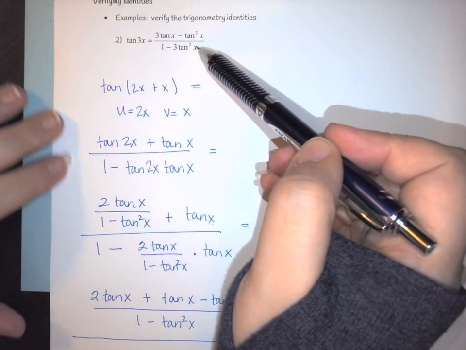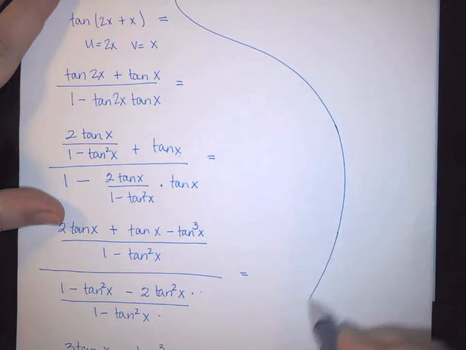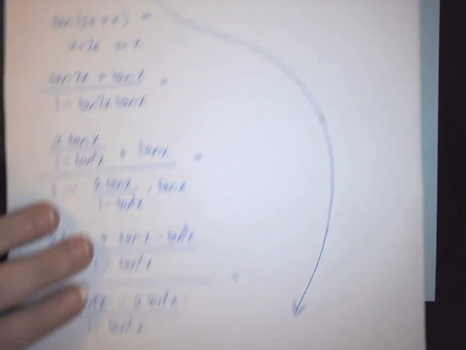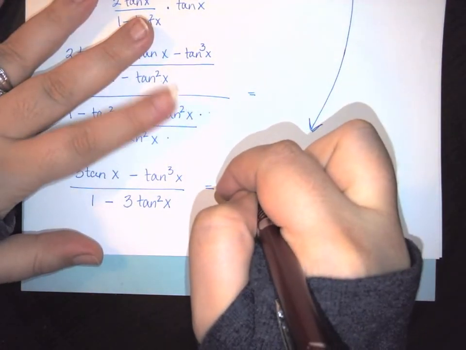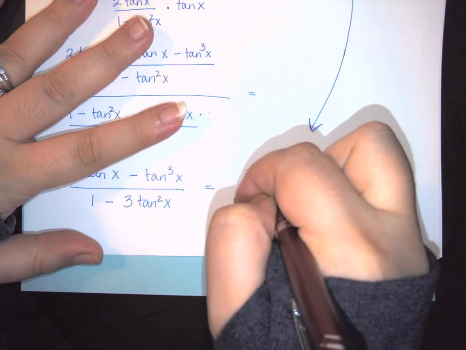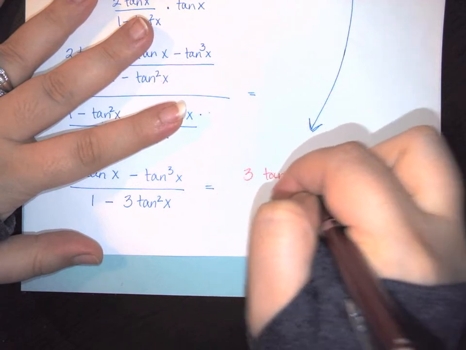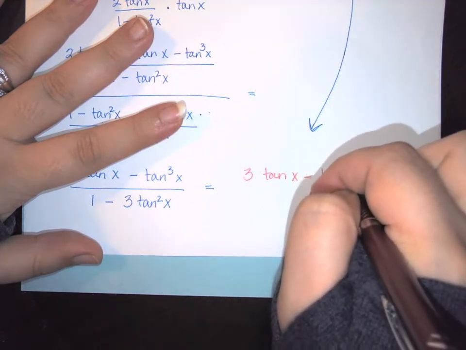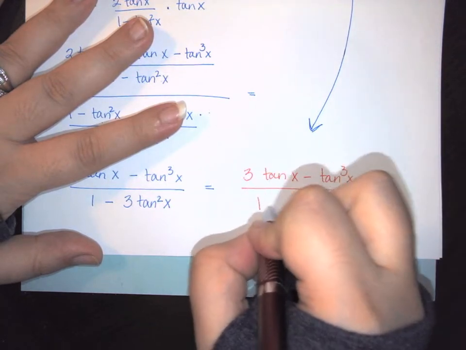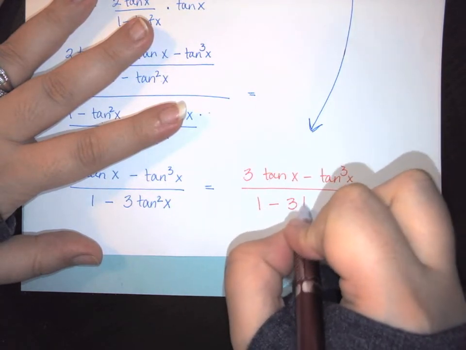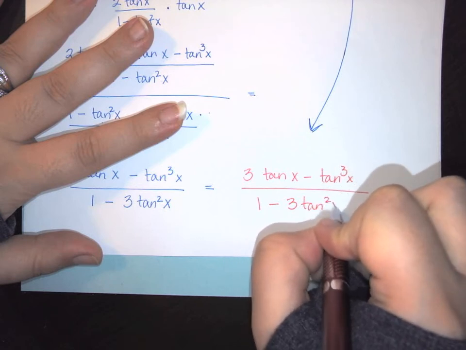Now if you look at what we started with, we started with my value, which said 3 tangent of x minus the tangent cubed of x all over 1 minus 3 tangent squared of x.